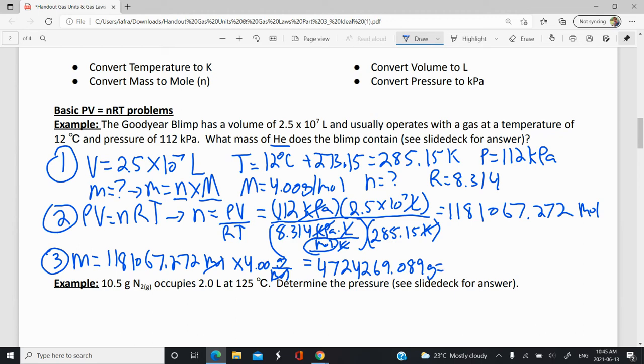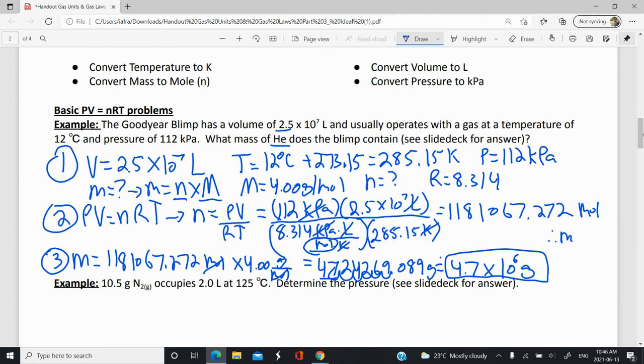I'm going to write this in scientific notation, but rounded to 2 sig figs. So we're going to have 4.7 times 10 to the power of, so we'll move it 1, 2, 3, 4, 5, 6, times 10 to the power of 6 grams. So 4.7 times 10 to the power of 6 grams, and you can write your therefore statement.